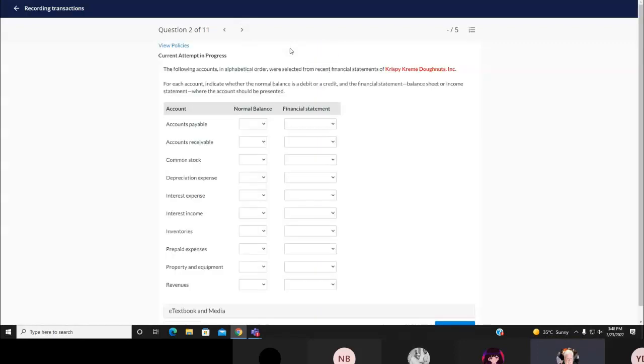All right, number 2. Now, not only tell me whether this account is a debit account or a credit account, tell me if it goes to the balance sheet, the income statement, or the retained earnings.